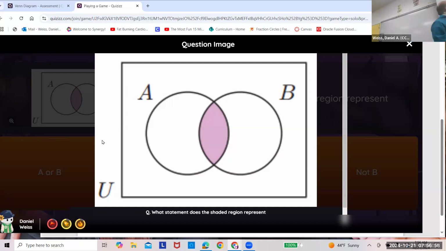Both of them are in here. Okay, it's A and B. Because over here, in this section is only A, and this section here is only B. So in here has to be where they overlap, where's A and B. Does that make sense? Okay.